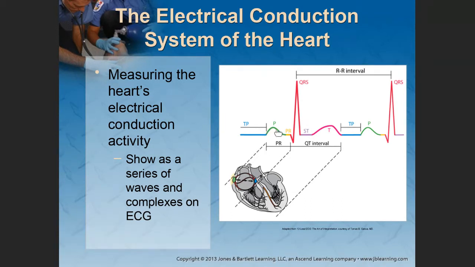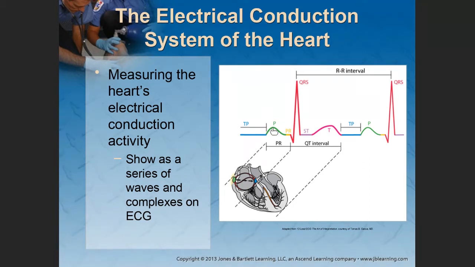And the final point to commit to memory is the P wave must be nice and round, right? So when you look at an ECG, the P wave must be nice and round in its appearance. If you note a P wave that is abnormal in its shape, it means that the origin of the rhythm is atrial.